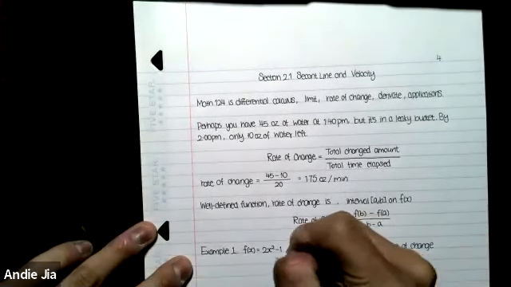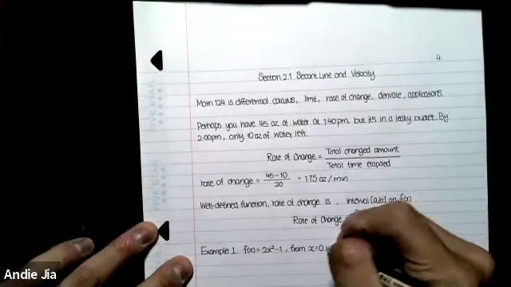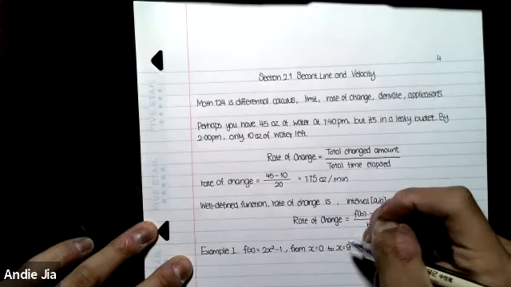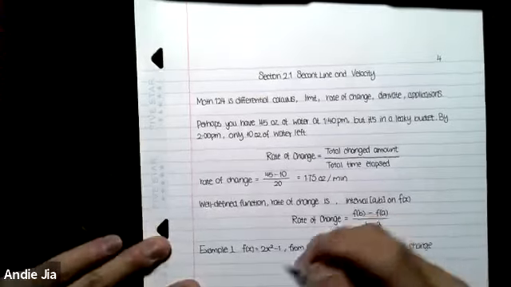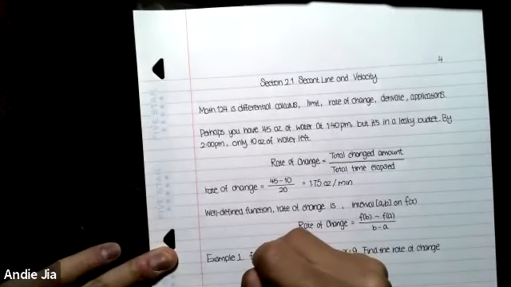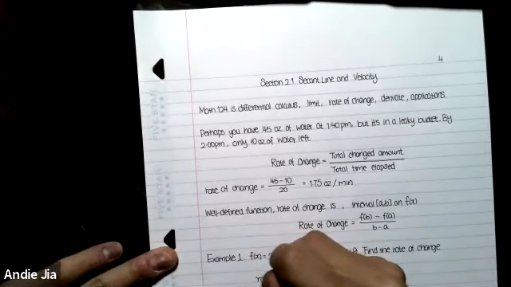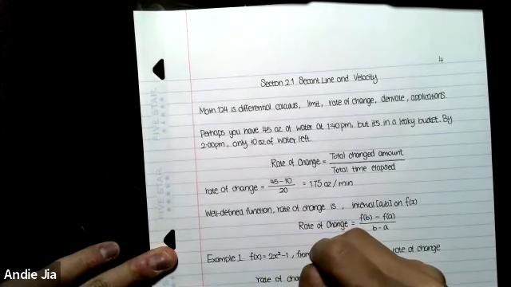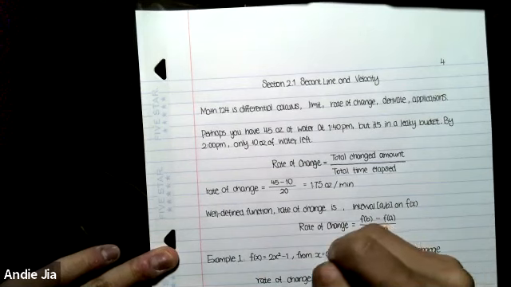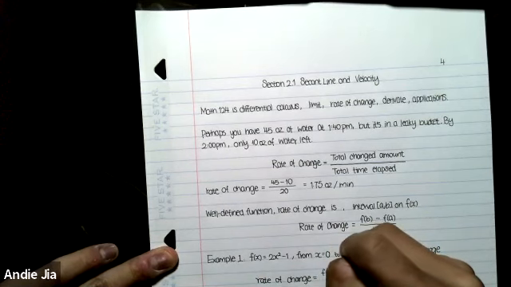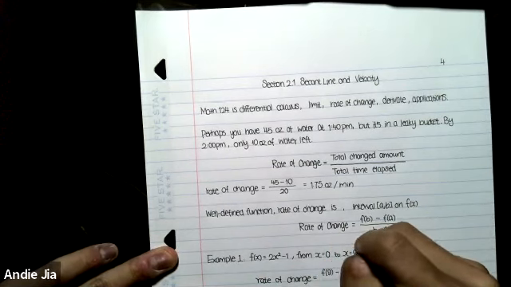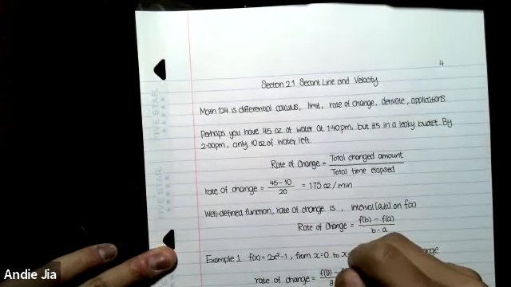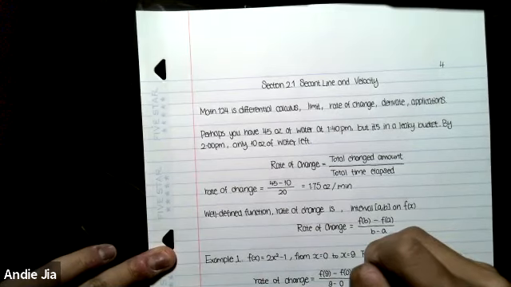So we have this well-defined function, time interval a is 0, b is 9. So the rate of change is equal to f(9) minus f(0) over 9 minus 0.